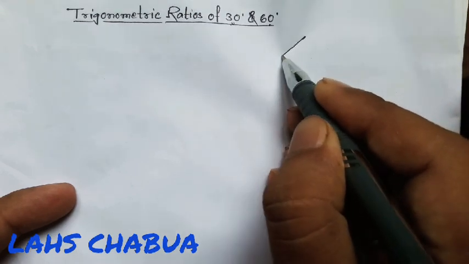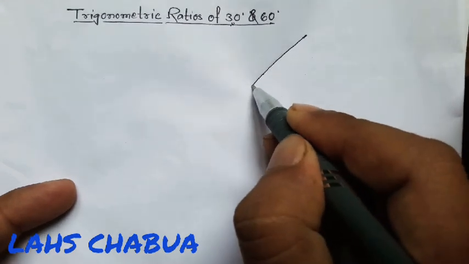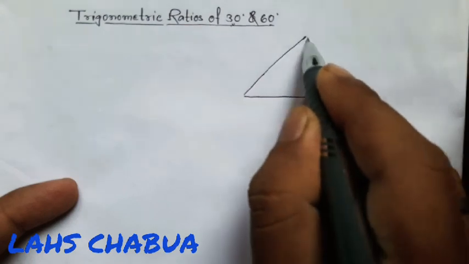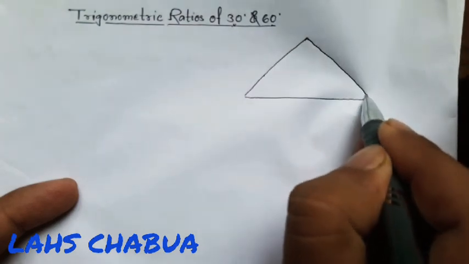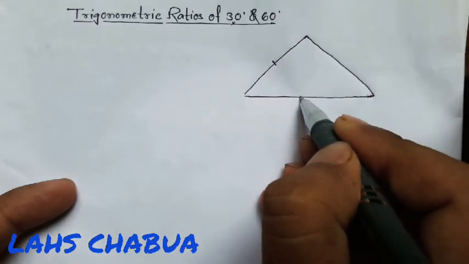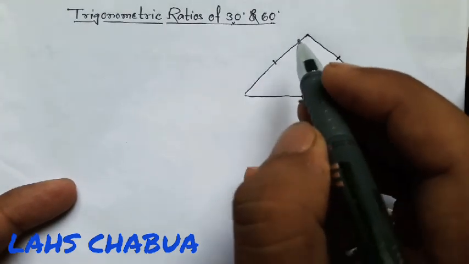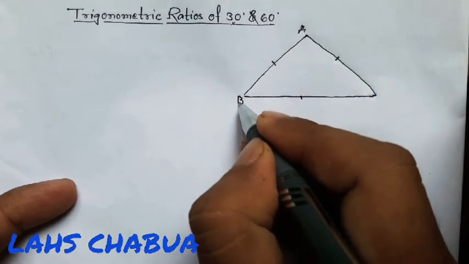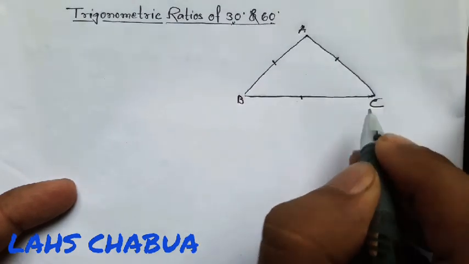As you know the property of an equilateral triangle, all sides are equal and each angle will be how much? 60 degree. So this is our equilateral triangle having all the sides equal. We are going to name our triangle as ABC. A, B, and this is C.